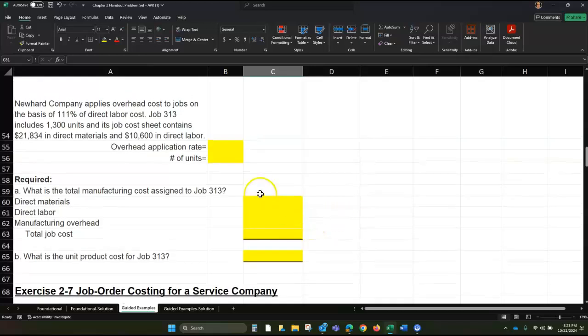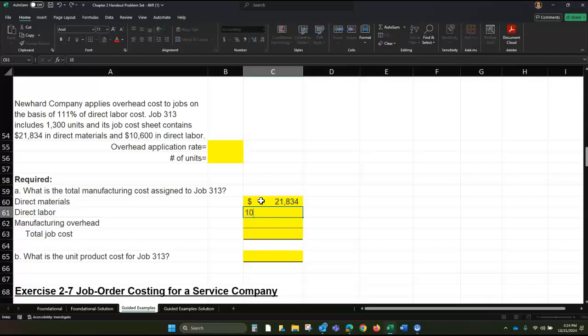All right, well, the direct materials, that was how much? Good, the $21,834. The direct labor was, good, the 10.6. And we need the manufacturing overhead total.